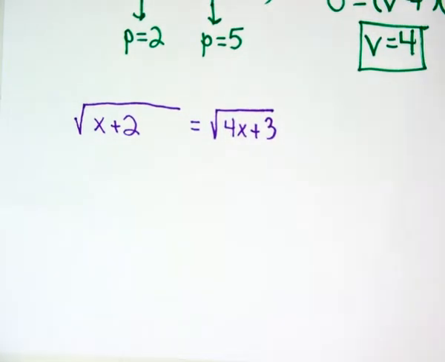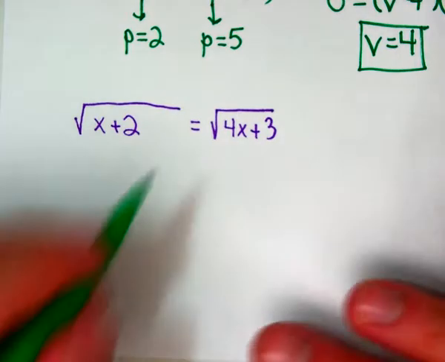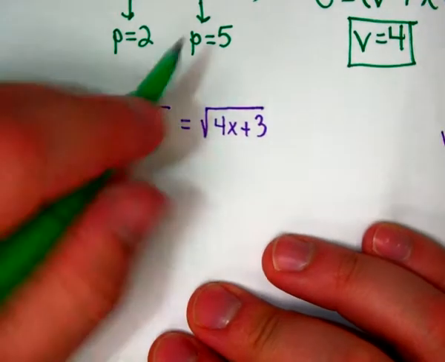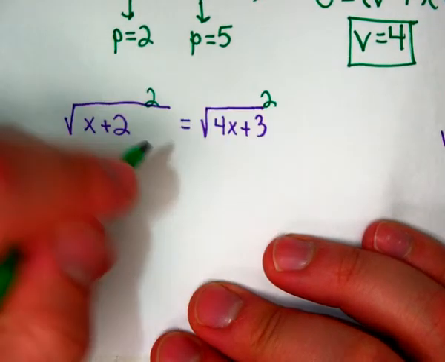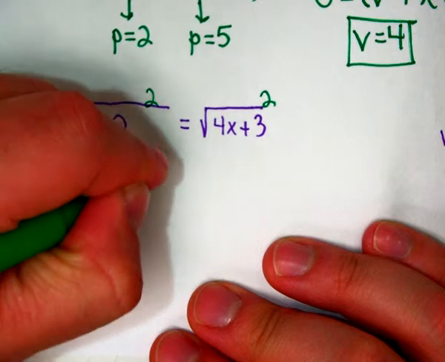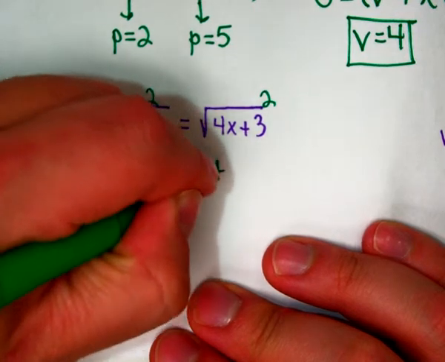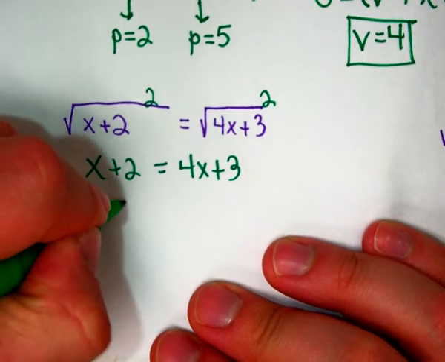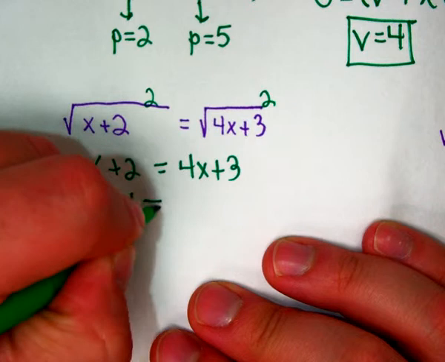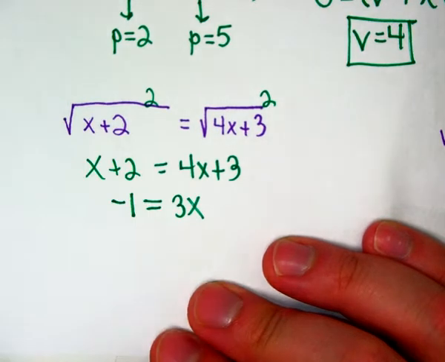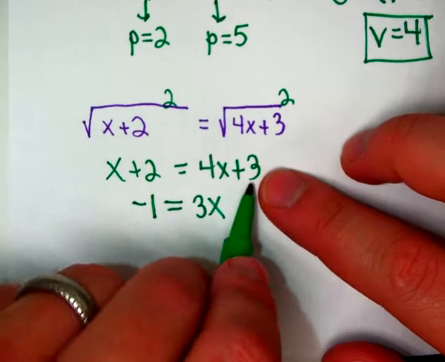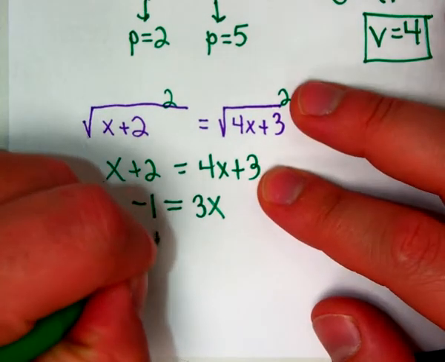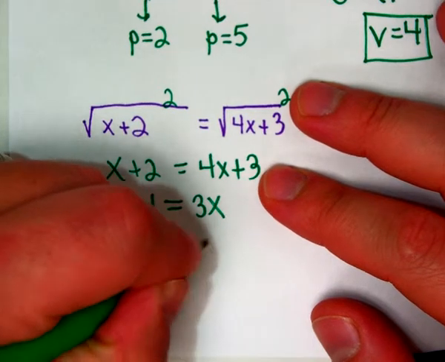Let's try the next one. We have 2 square roots in this problem. So again, square both sides. We end up with x plus 2 equals 4x plus 3. Just simply solve, we get negative 1 equals 3x. And let's finish solving, we get negative 1 over 3 equals x.